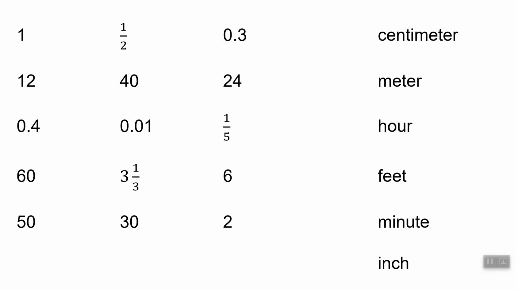This one's hard for kids to formulate on their own, but 0.4 of an hour is the same as 24 over 60 minutes. So 24 is 0.4 out of 60. So 24 out of 60 minutes would be the same as 0.4 of an hour.